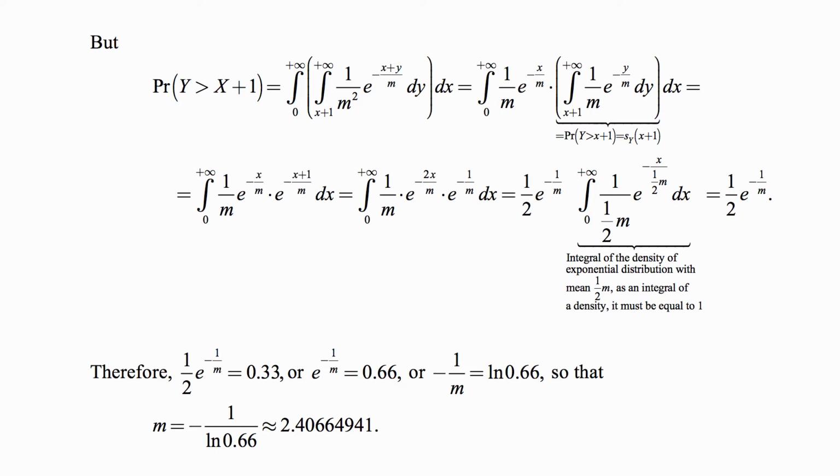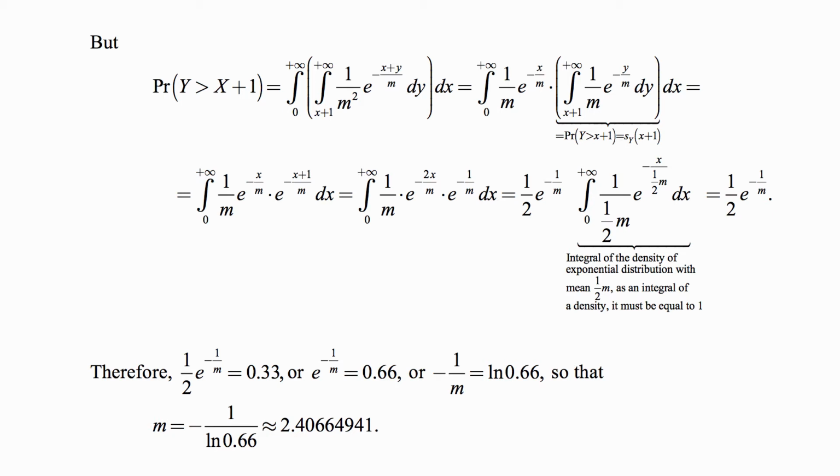That probability will be the integral over the region where y is greater than x plus 1 of the joint density. So it would be the integral with x running from 0 to plus infinity, and then y running from x plus 1 to infinity, of the joint density. A double integral like that.